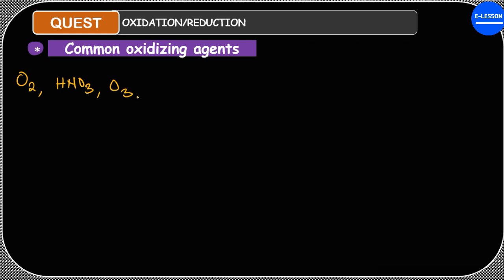Now, we have some inorganic compounds, examples of which include the well-known oxidizing agent KMnO4, potassium permanganate.